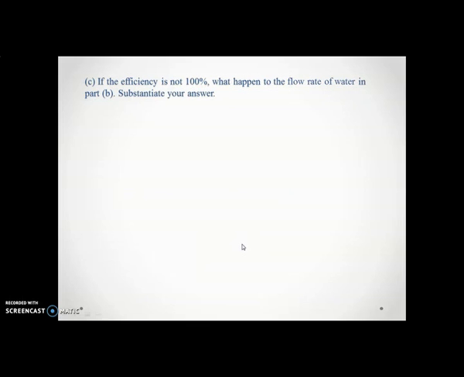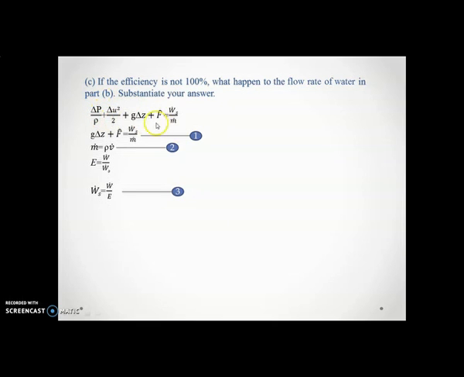For part C, if the efficiency is not 100%, what happens to the flow rate of water in part B? Substantiate your answer. So, first of all, we have the mechanical energy balance equation. As we already made the assumptions in part A, we can just ignore two of these terms.